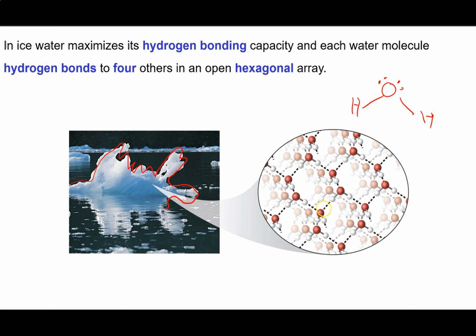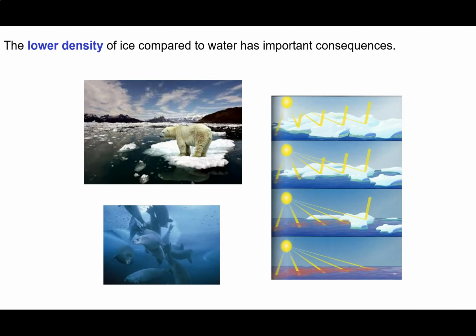And when we get down to a structure where we actually maximize the potential for hydrogen bonding, where every oxygen atom is forming 2 covalent bonds and 2 hydrogen bonds, we end up with tetrahedral geometry around each oxygen atom, and that leaves big hollows in the structure. So by maximizing the hydrogen bonding capacity, you actually reduce the density. And so as a result, the solid water is less dense than liquid water.